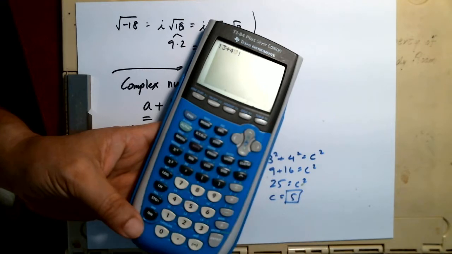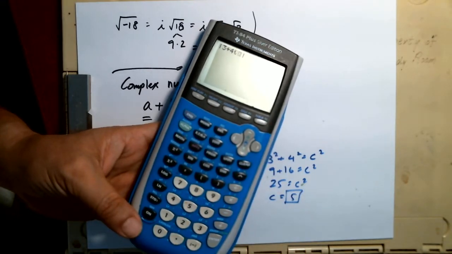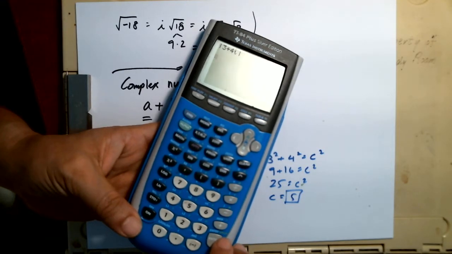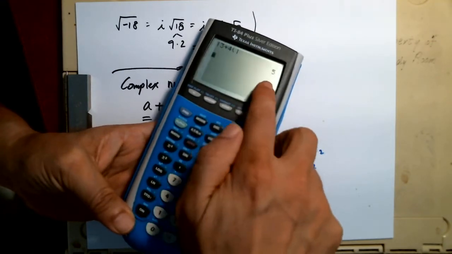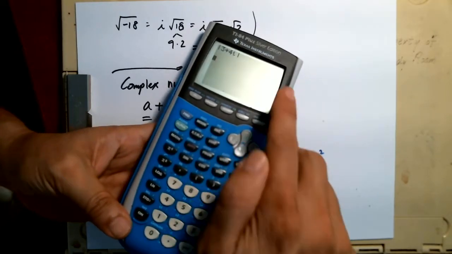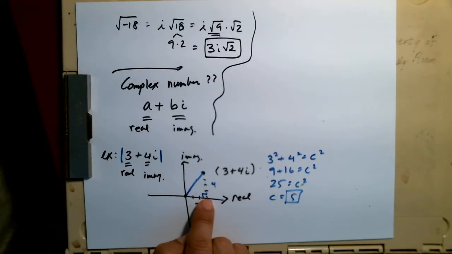Your i is above your dot right there. So 3 plus 4i. And I'm going to take the absolute value of that, which is the distance from the origin to this number on the coordinate system. You end up with 5. There it is. You can barely see it. Okay, got it? 3 plus 4i. 3 in the x direction, 4 in the y direction.